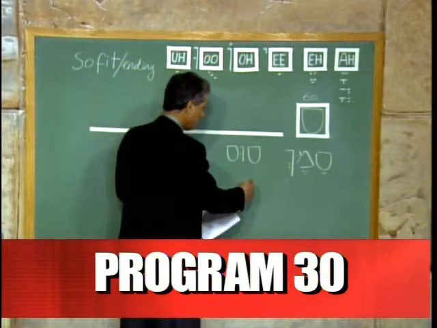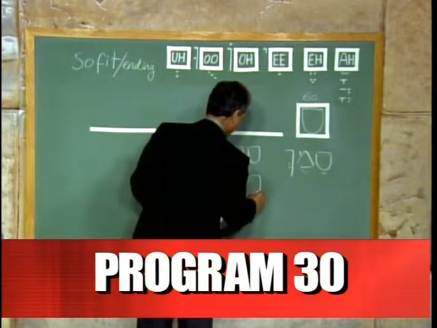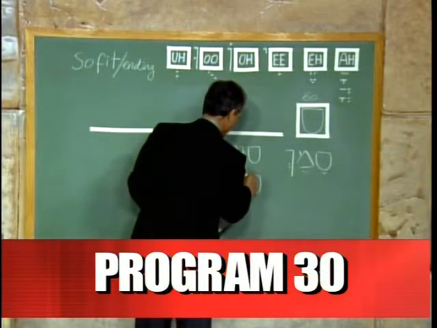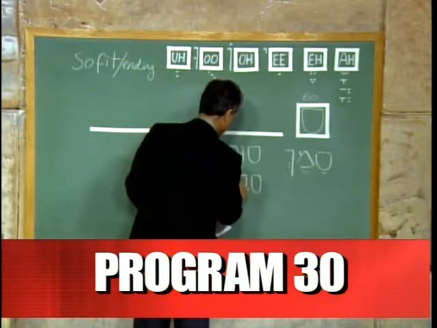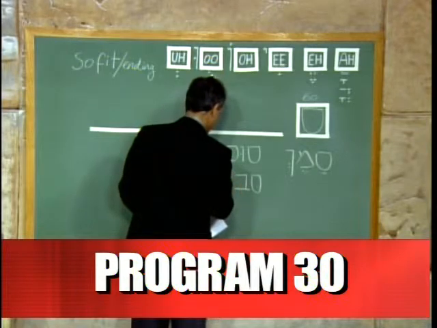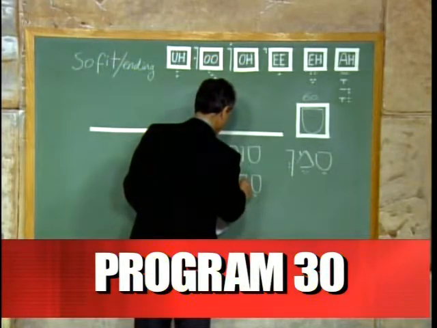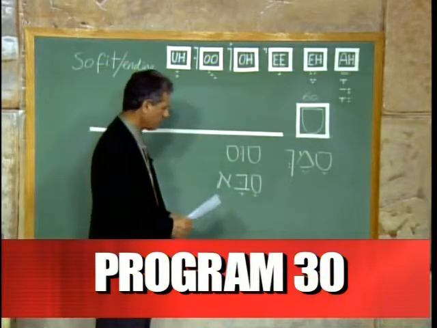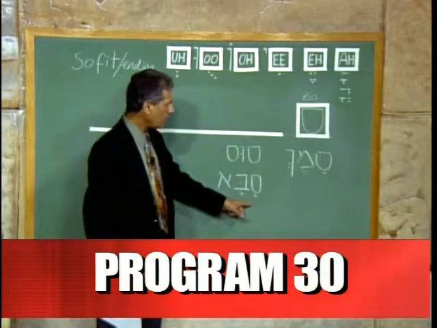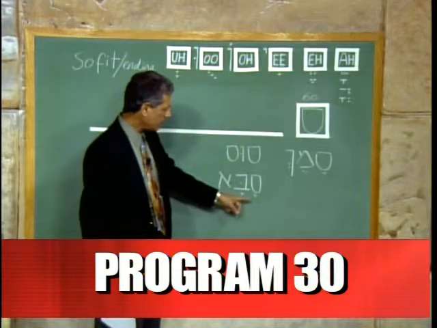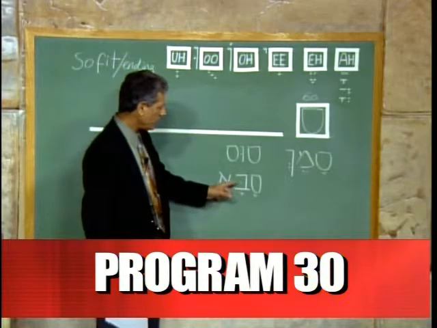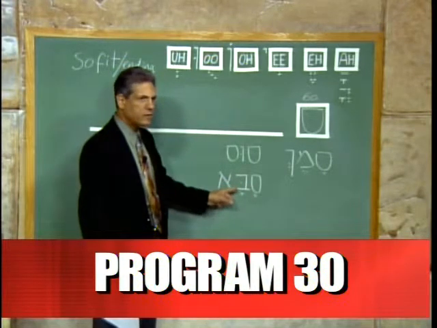Here is another good word. Samech, Bet, Aleph. Samech with an A sound, right from here, Sa. We have a Bet with a dot in the middle.